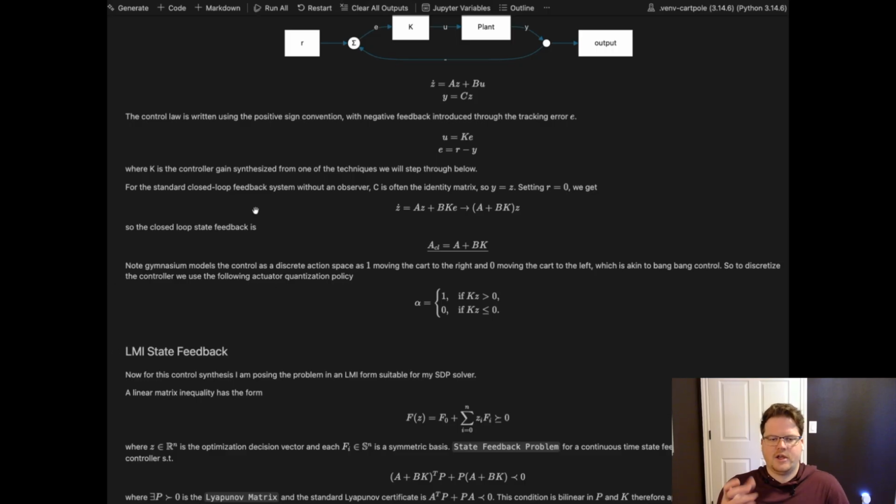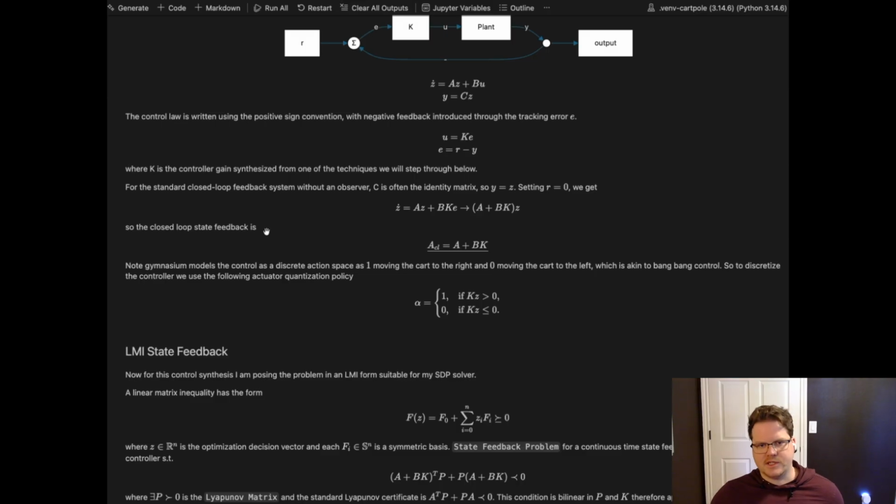And so this is where I'm talking about where the state action space, or this discrete action space, is a 1 and a 0 based off of the carts moving to the right or the left. And that's why I said it's a little bit like bang bang control, when you just maximize the control authority at one time step, kind of like a satellite and optimal control a little bit.